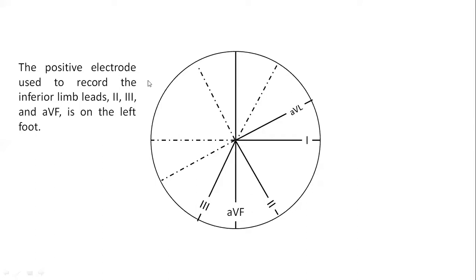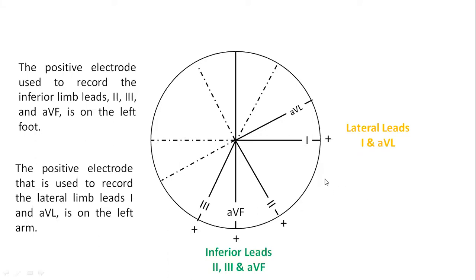The positive electrode used to record the inferior limb leads 2, 3 and AVF is on the left foot, whereas the positive electrode used to record the lateral limb leads 1 and AVL is on the left arm of the patient.